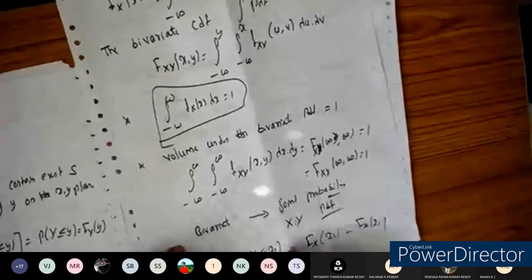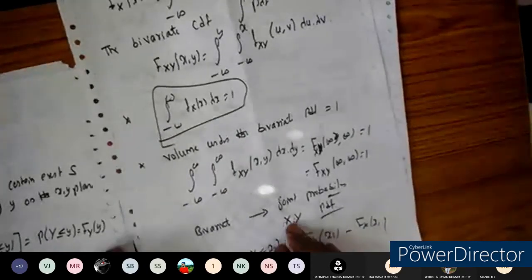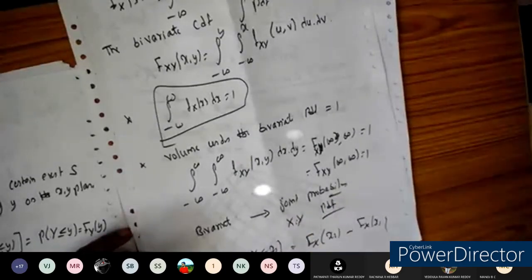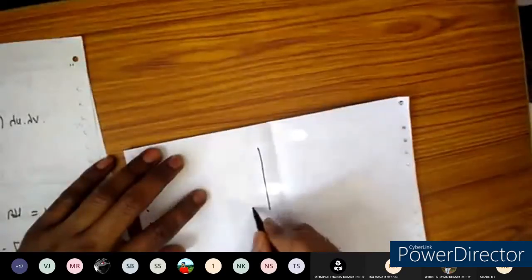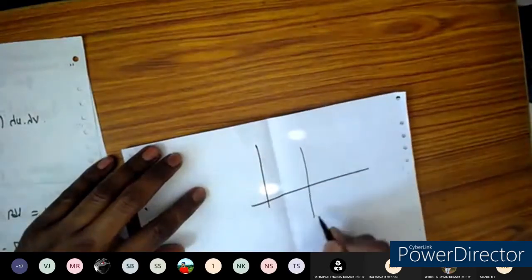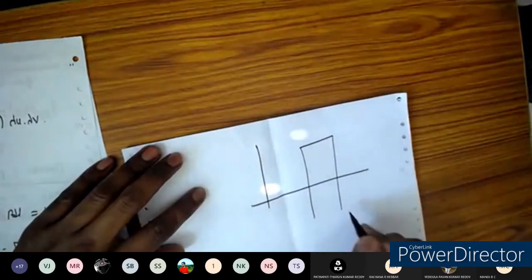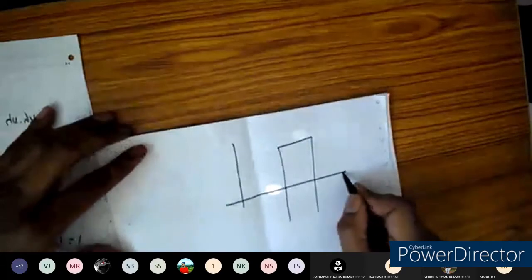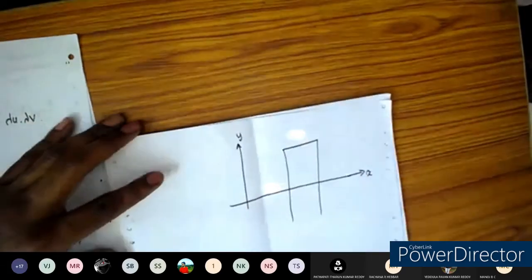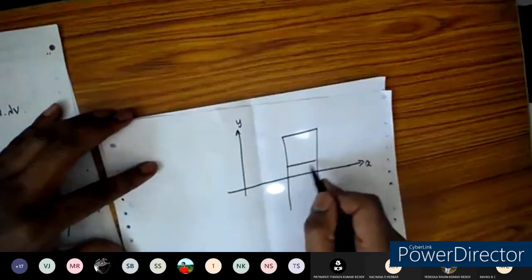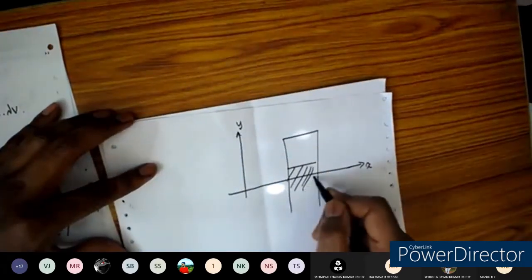Similarly, this concept can be applicable for finding the area of the curve. I am going to give that property in a simplified manner. Let us consider a certain area lying between the x and y axes, the CDF, the cumulative distribution function.